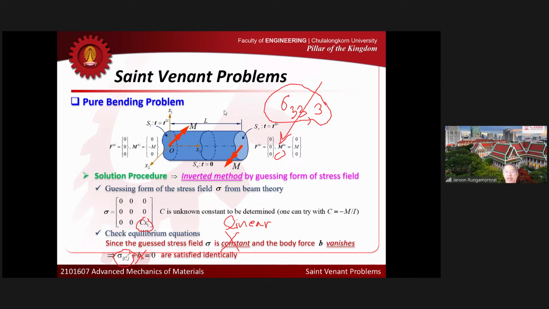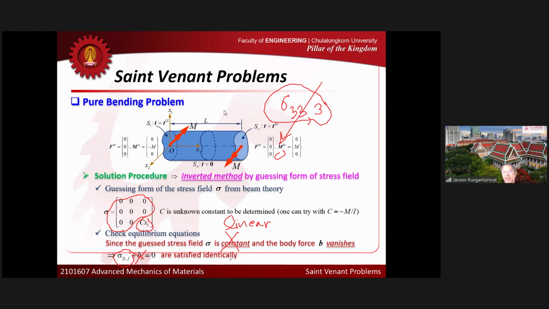So the remaining terms, all of them are 0, because, for example, when i equals 1 and 2, or even for the case i equals 3 and j equals 1 or 2, all of them are 0, based on the form that you guess here. So the remaining terms in the equilibrium equation are 0 automatically, and the term associated with the non-zero sigma 3 is 0, because you take the derivative with respect to x3.